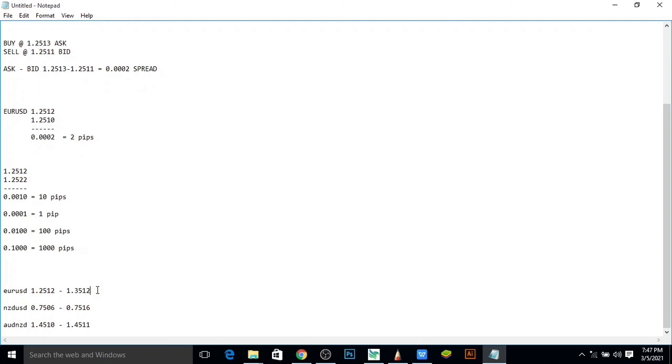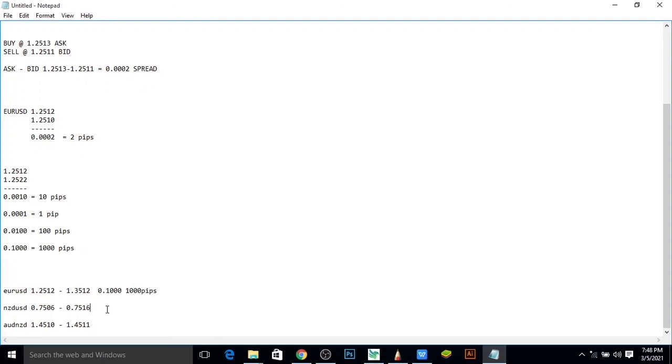Price moved from 1.2512 to 1.3512. If you try to subtract, you are going to get 0.1000. And how many pips would you say this is? Of course, you're right if you say that it is 1,000 pips.